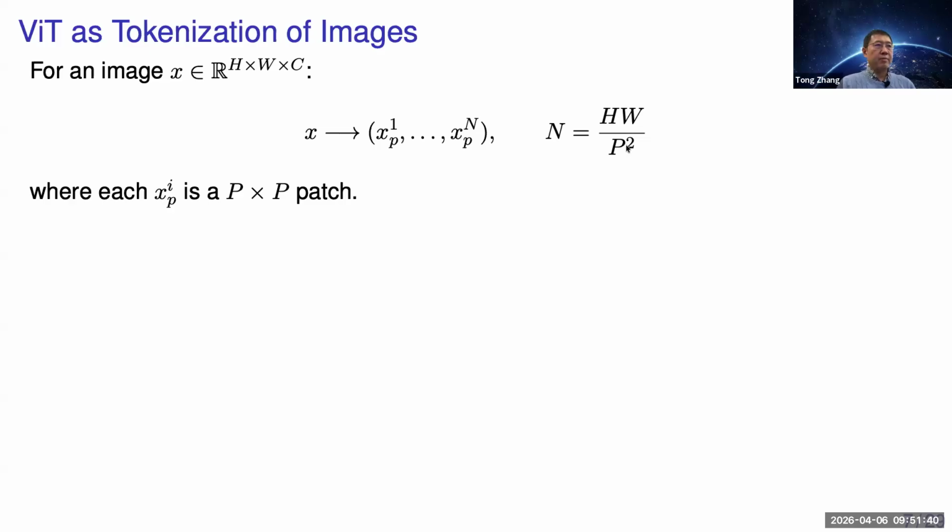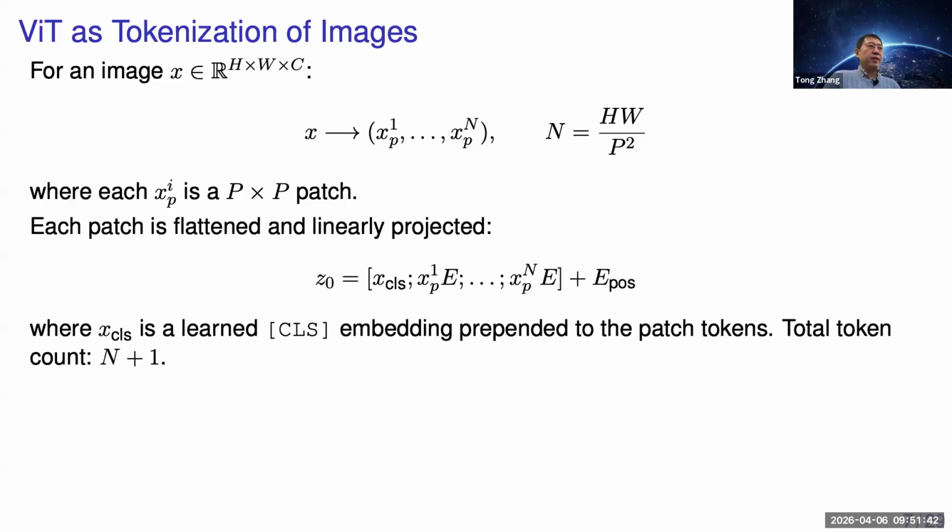This is pretty straightforward. Each patch is flattened and linearly projected. The total number of tokens is N+1 because there's a class token at the beginning, very similar to BERT, in how they deal with it.